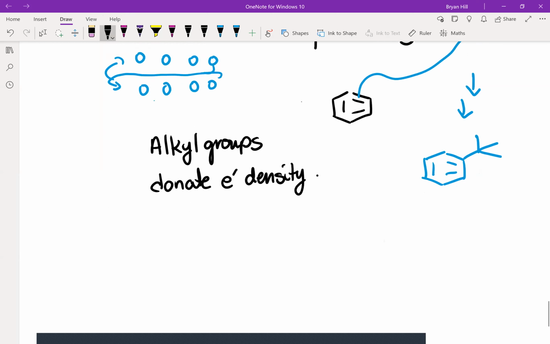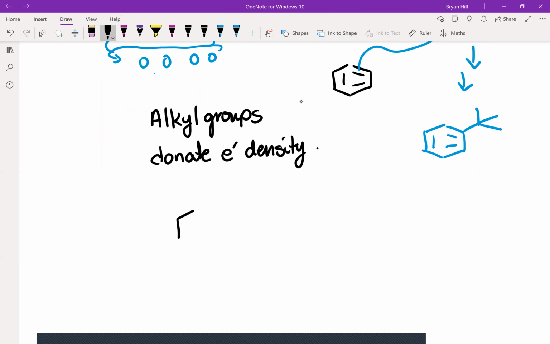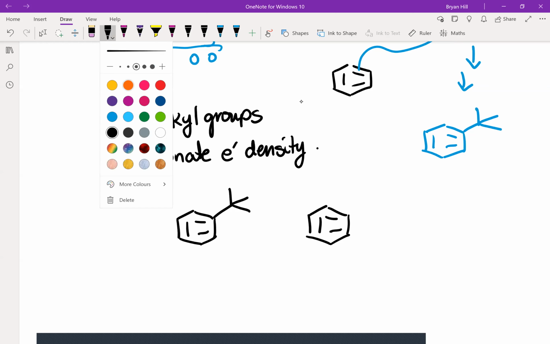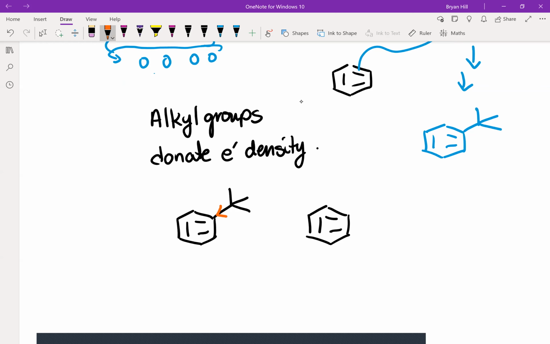So if we've got our tert-butyl benzene, and we've got benzene, you will notice that the tert-butyl group, this is push, all of these carbons can push electron density. So this means that this ring is electron rich, or more electron rich. With benzene, of course, it's just as it was.